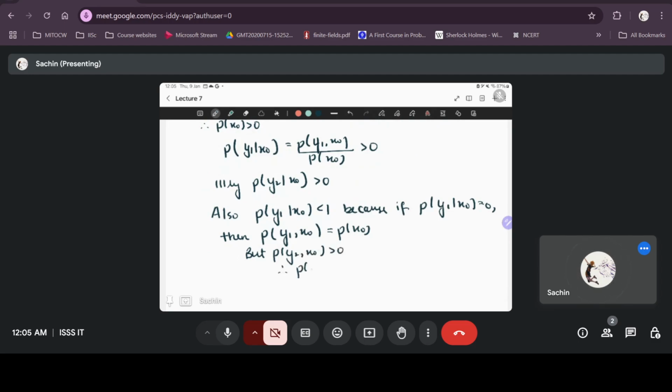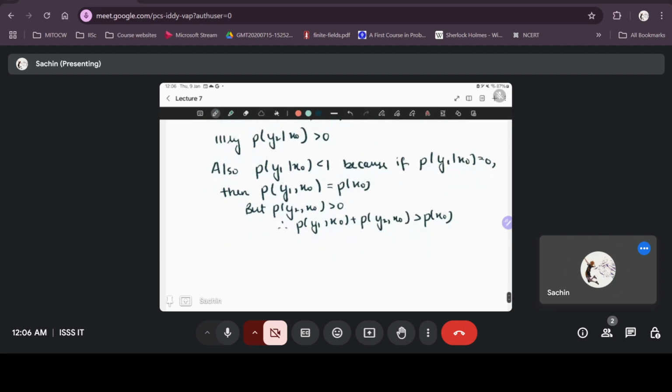Therefore p of y1 comma x0 plus p of y2 comma x0 is greater than p of x0, but p of x0 is greater than or equal to p of y1 comma x0 plus p of y2 comma x0, which is a contradiction. You're saying p of x0 is greater than p of x0.